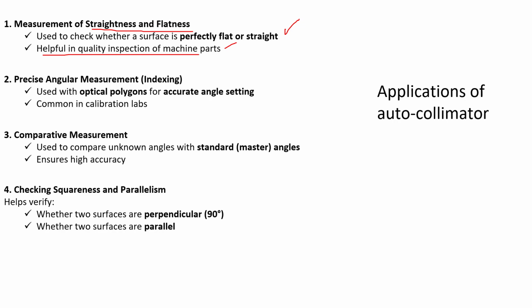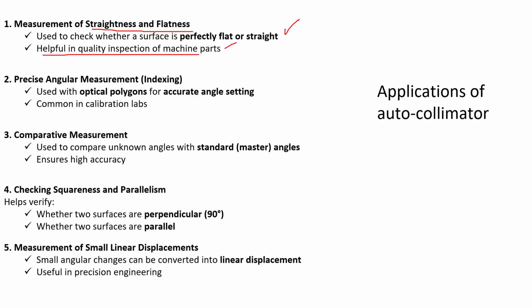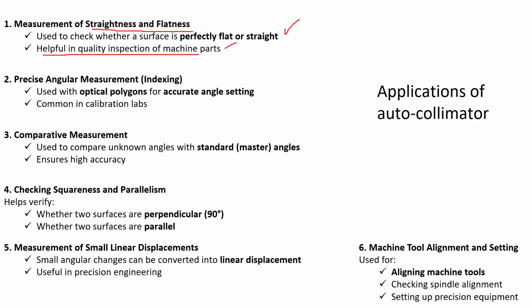The next application is checking squareness and parallelism. It helps verify whether two surfaces are perpendicular or whether two surfaces are parallel. The next application is measurement of small linear displacement. Small angular changes can be converted into linear displacement, which is useful in precision engineering.